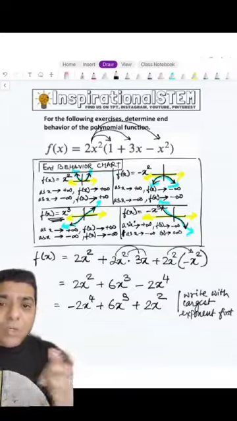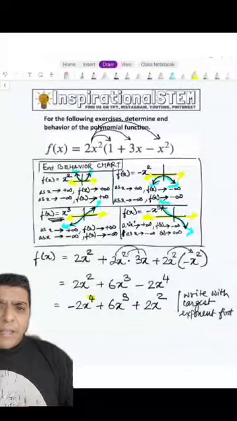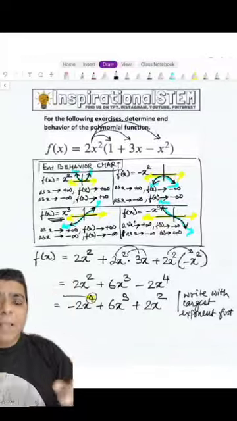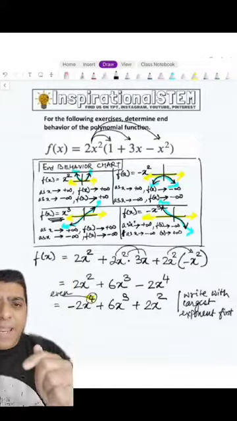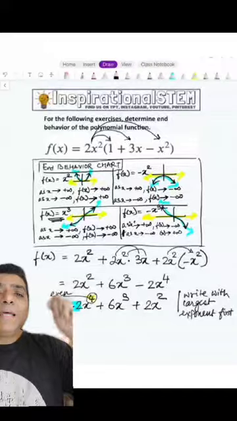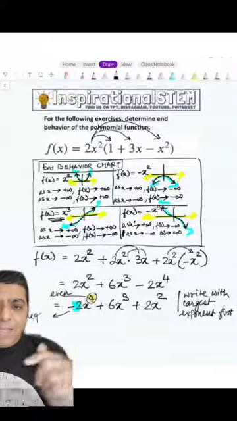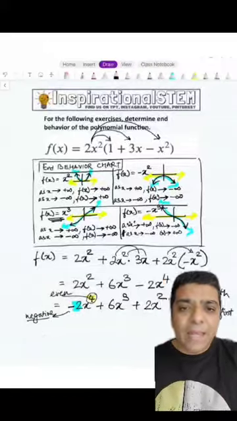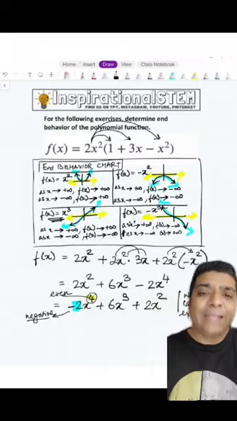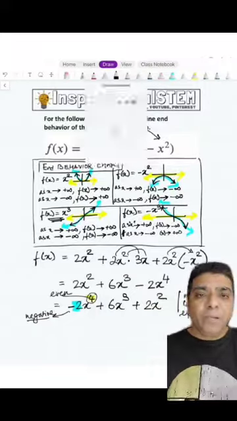All right, so let's go ahead and look at our chart here then. If you go up on top here, right hand side top, you see negative x squared has a negative coefficient and a positive even exponent. So this is the same as that. It has a negative coefficient and then it has an even exponent.